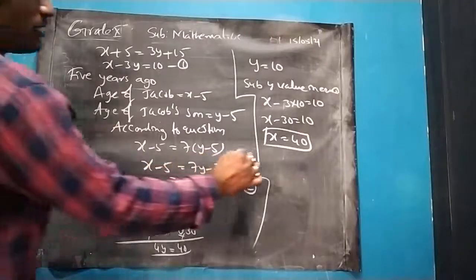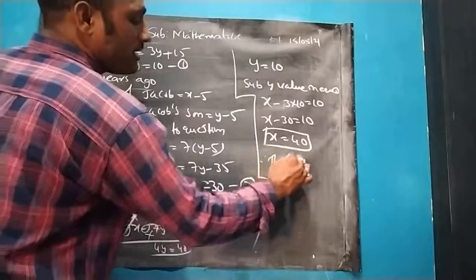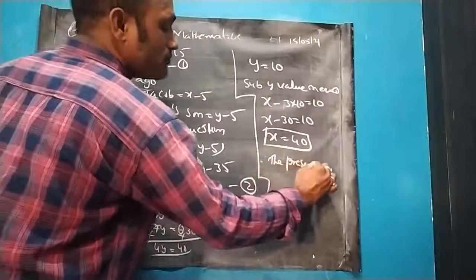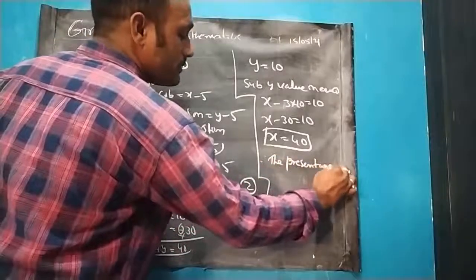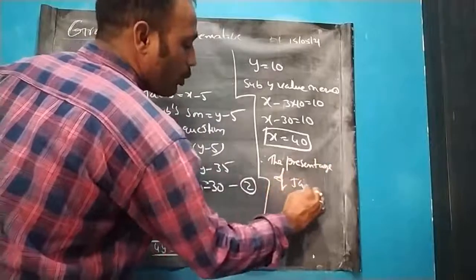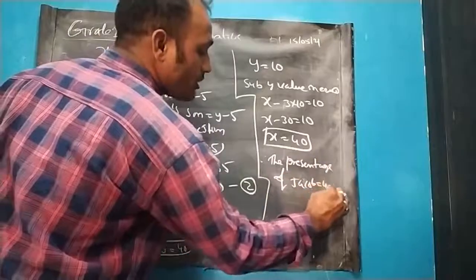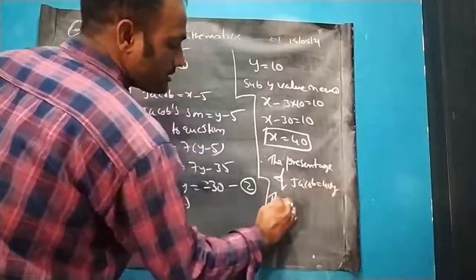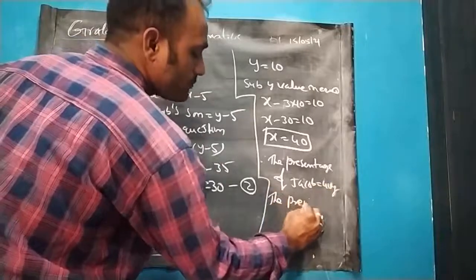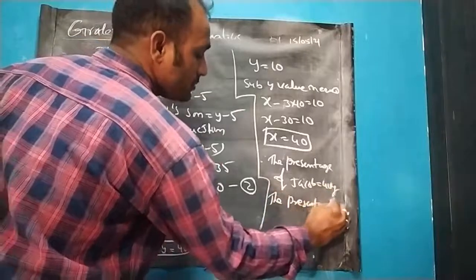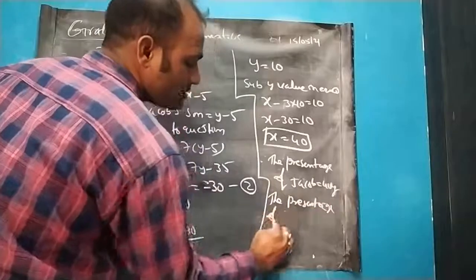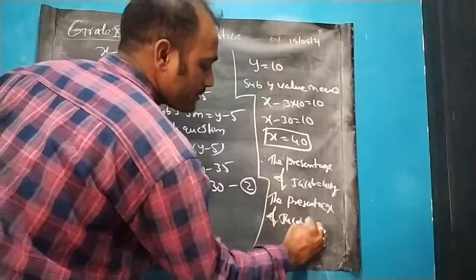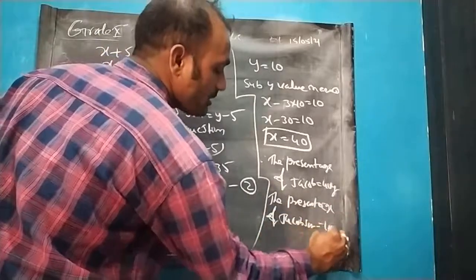Therefore, lastly, what you have to write? Therefore, the present age of Jacob is 40 years. The present age of Jacob's son, how many years here? 10 years.